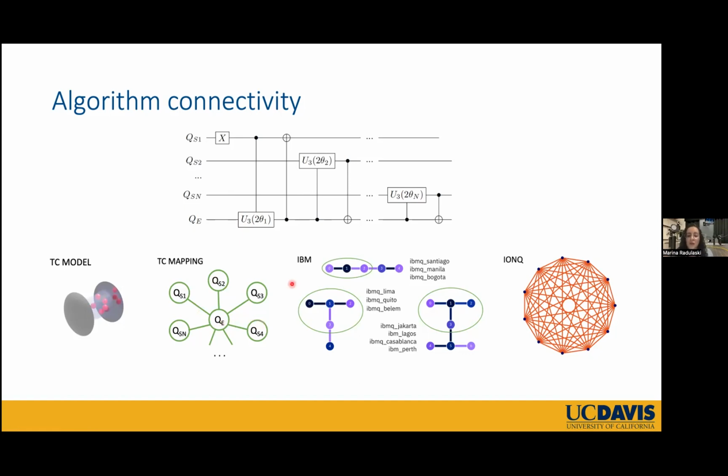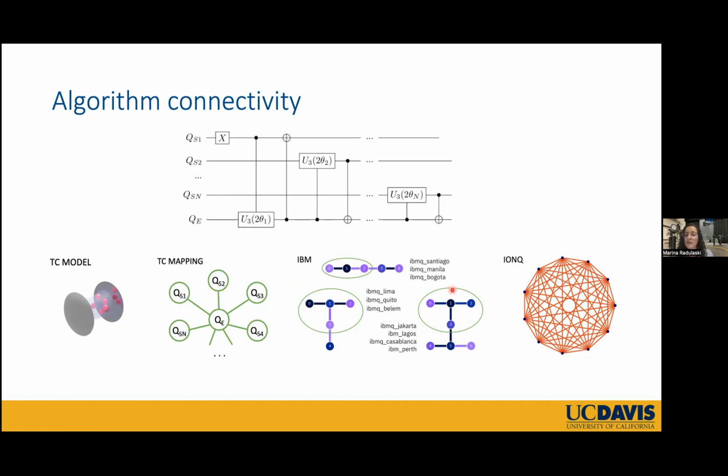If we are to use some of the commercial hardware, such as IBM, which we actually have access to at the moment, we can simulate either 2 or 3 atoms in a cavity with a star connectivity. On IBM Q, which has all-to-all connectivity of 11 qubits, we could go up to 10 atoms in a cavity.